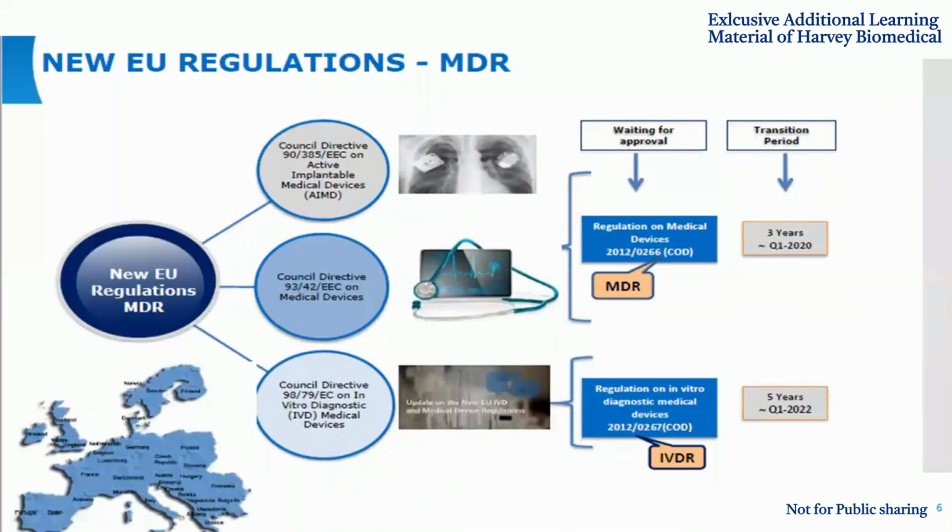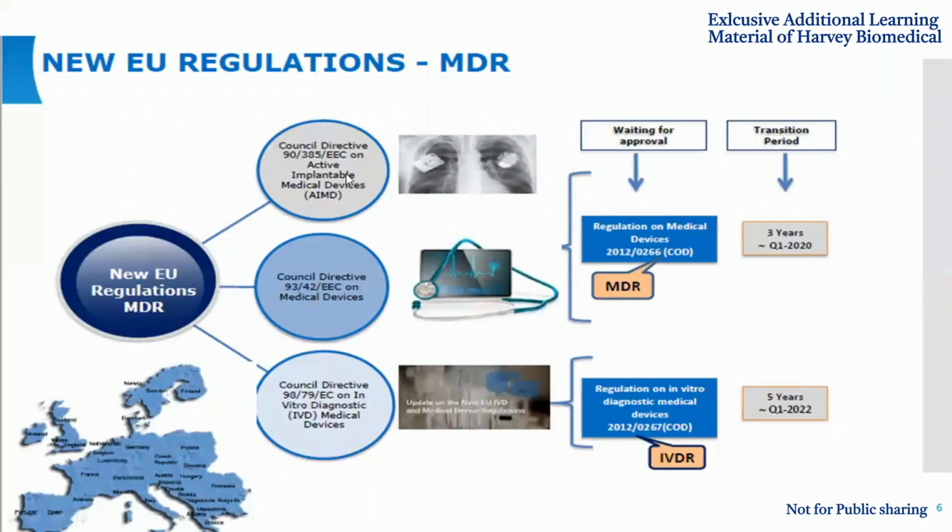As I explained in the earlier presentation, the new regulations are published, like MDR, as I told, right? If you see why this MDR came, I am giving a brief about the earlier directives. The new EU regulation MDR has come from the Council Directive 90/385/EEC.